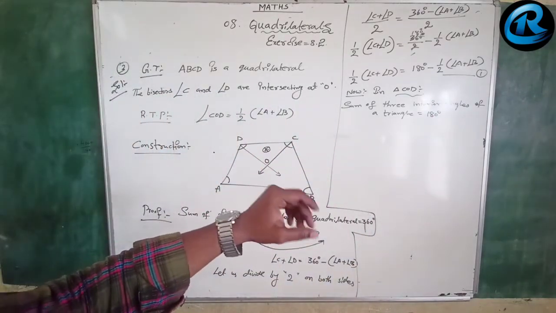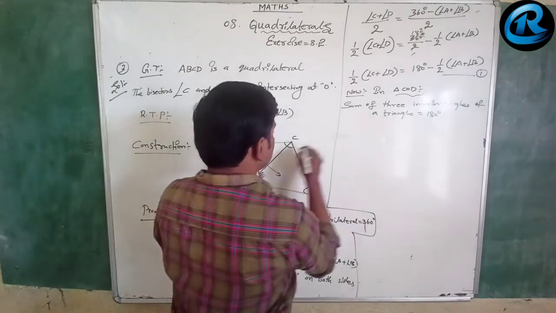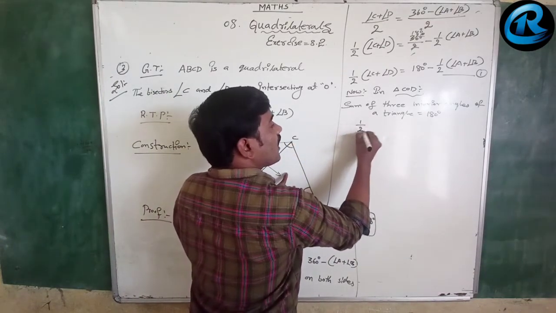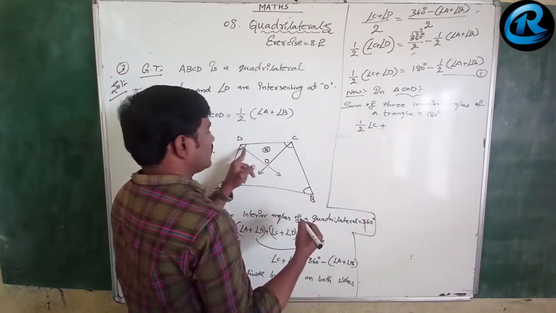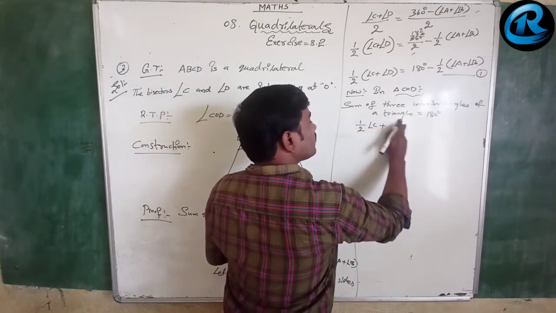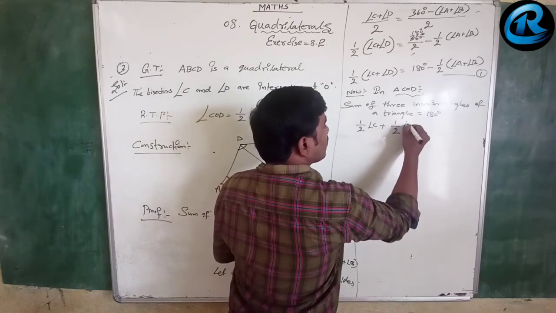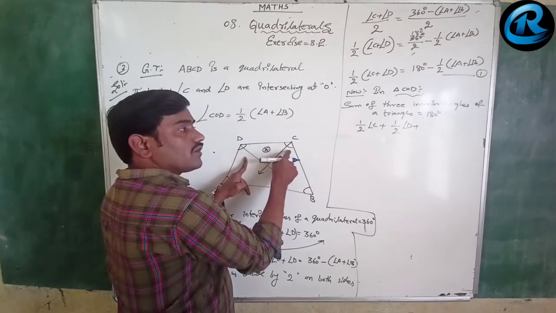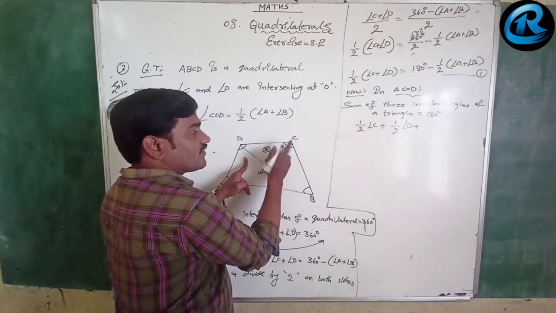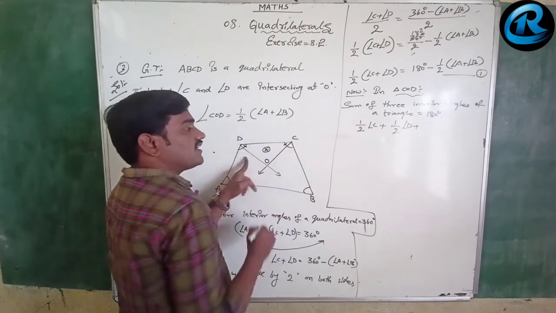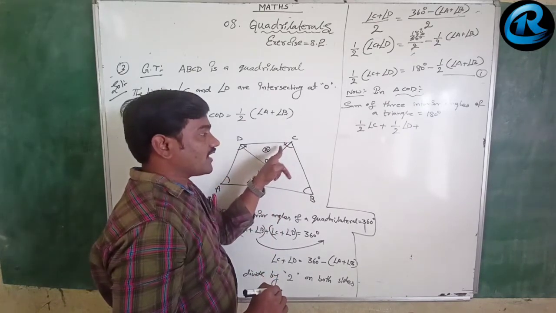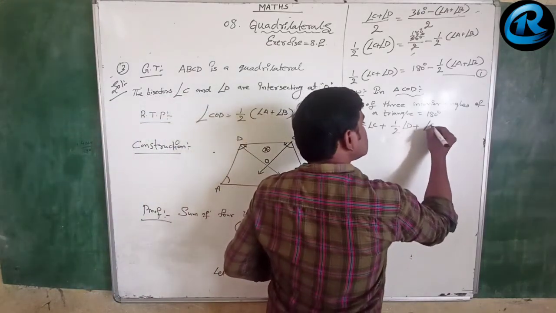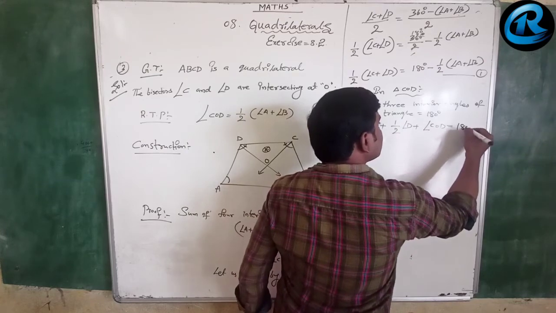Here half of angle C plus half of angle D plus angle O, that is angle COD, equals 180 degrees. It is not the complete angle C, it is half of it, since it is the bisector of the angle.